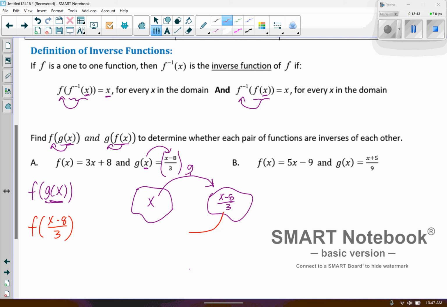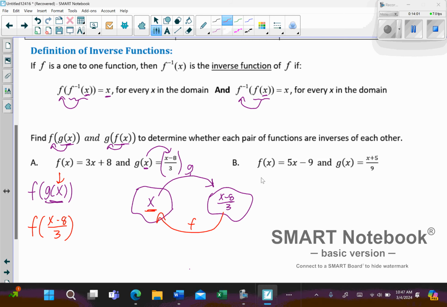Now I'm going to take this and plug it into the f function, and my hope is that it will lead me back to where I started, which was x, because that was the first thing I plugged in. I plugged x into the g function. It gave me this expression. Now I take this expression, plug it into the f function, and let's see what happens.